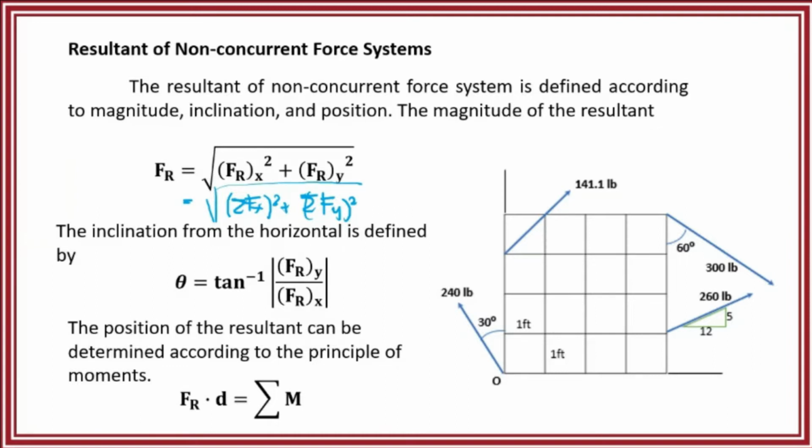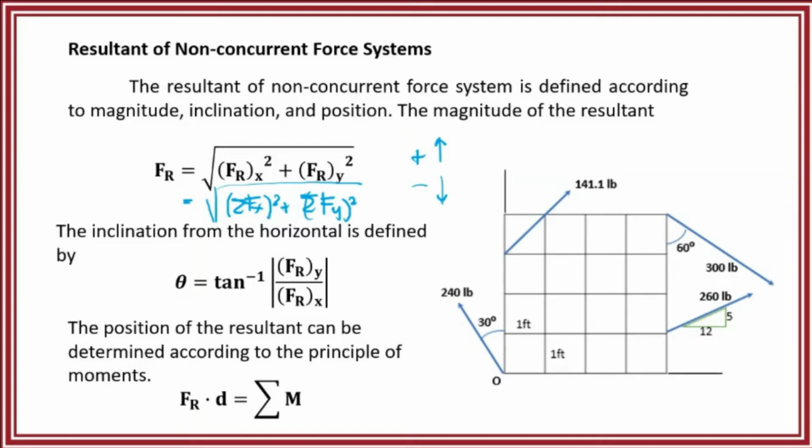The first step is to resolve the forces into x and y components. Then we add all the x components, or all horizontal forces. Then we add all the y components, or all the vertical forces. Our sign convention is still upward positive, downward negative.